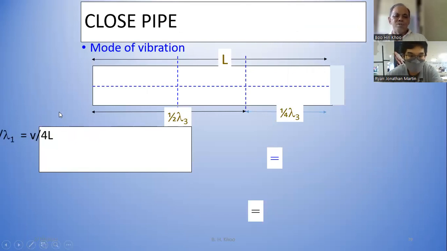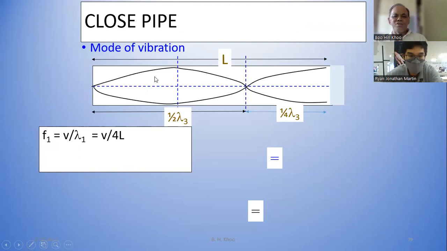Okay, so closed pipe. You can roughly divide into three equal sections. It's easier to draw from 0 to maximum and then to minimum. And then the other side also the same, from 0 to minimum, 0 to maximum. Then you should be able to say, okay, this is half lambda 3, this is a quarter lambda 3, so added up is 3/4.